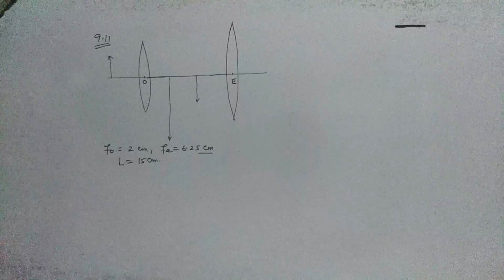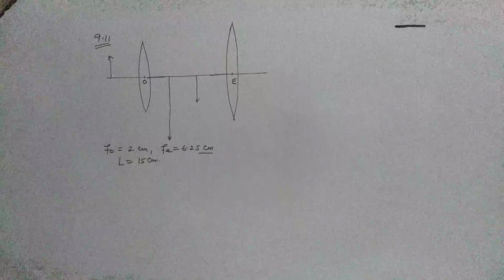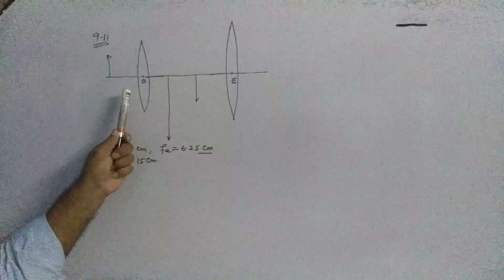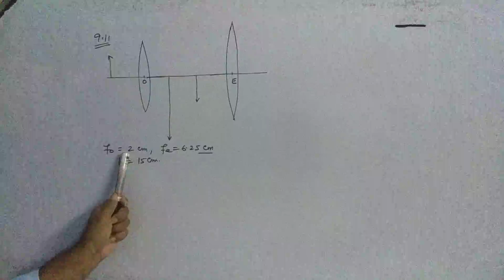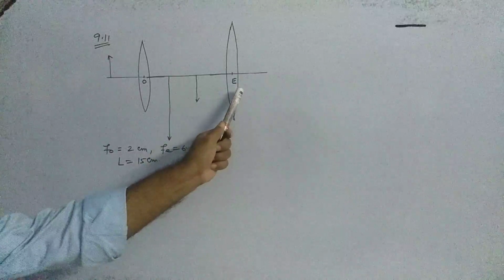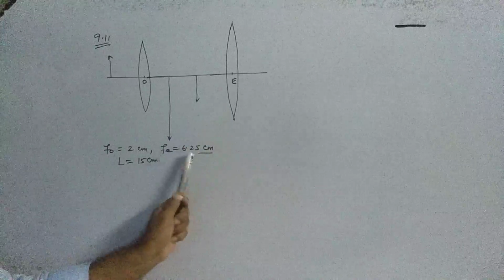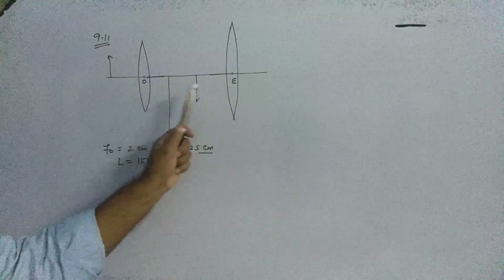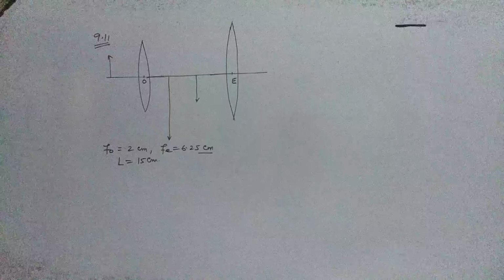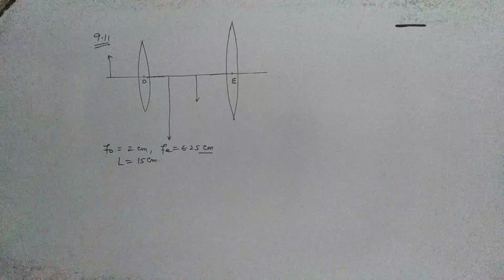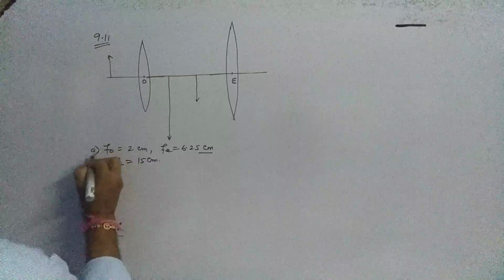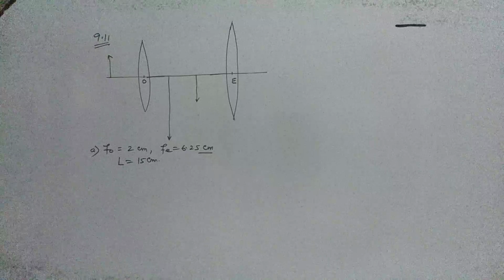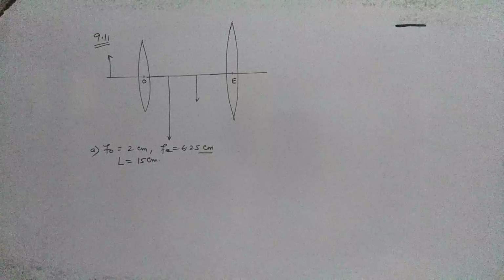I have drawn here a rough diagram, not the complete ray diagram. You can see this is the objective having focal length FO equal to 2 cm. This is FE, focal length 6.25 cm. L is the distance between these two lenses. This is for the first adjustment, the adjustment for clear vision.